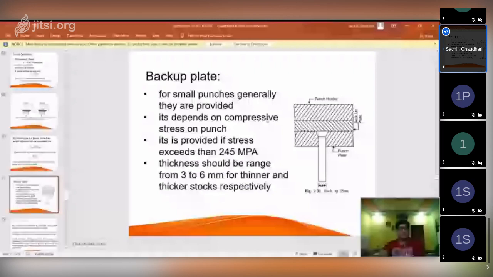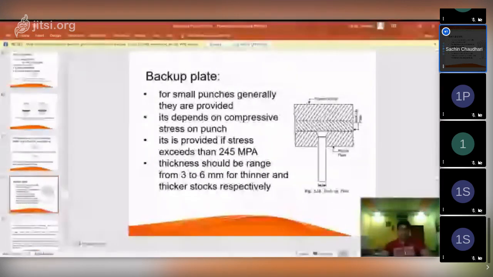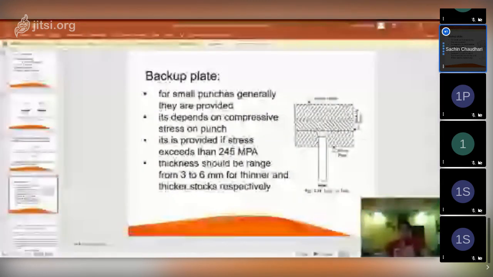So the next terminology related to your punch is the backup plate. Whether it is required to put a backup plate between the punch plate and punch holder or not also depends on the critical forces or forces acting on the punch.